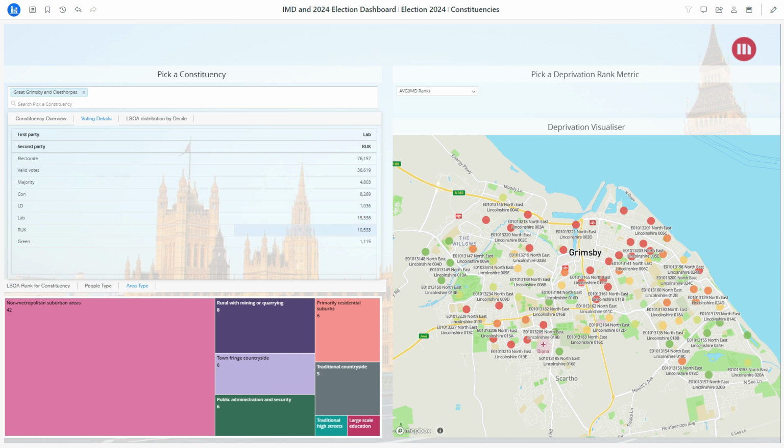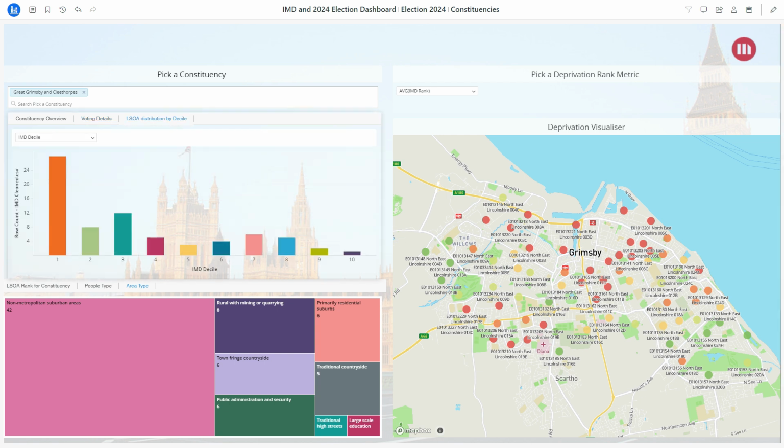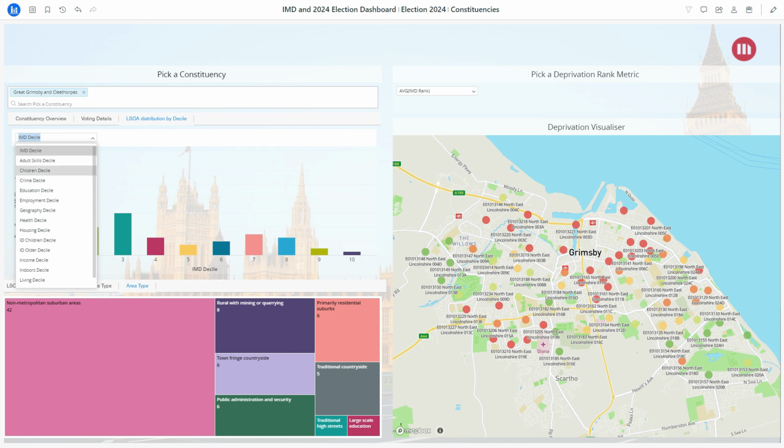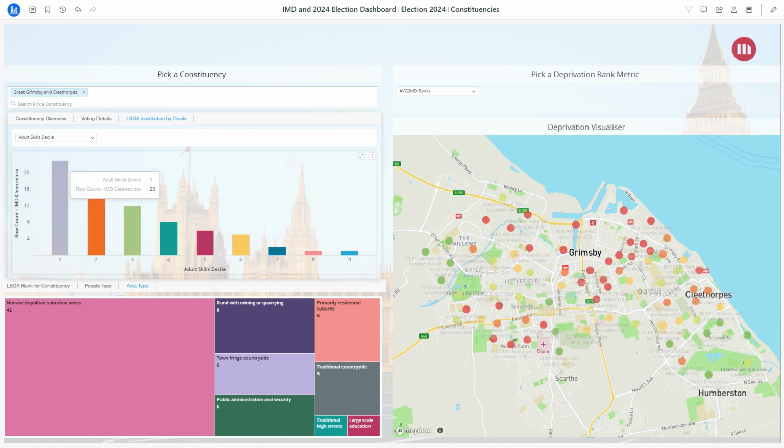Let's have a quick look then at the LSOA distribution by decile, because that was quite significant. And we can see that by and large, most of the LSOAs sit in decile number 1, the most deprived decile nationally. Okay, with very few sitting in the higher areas. Okay, so let's check now adult skills.